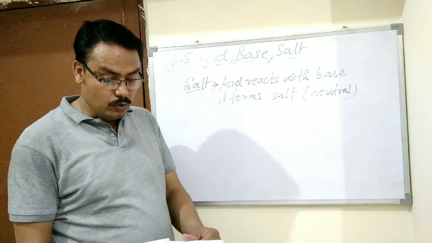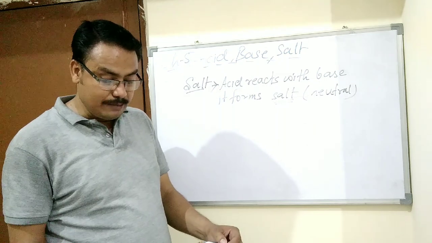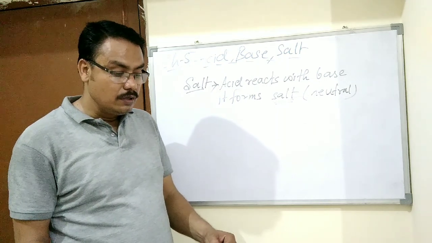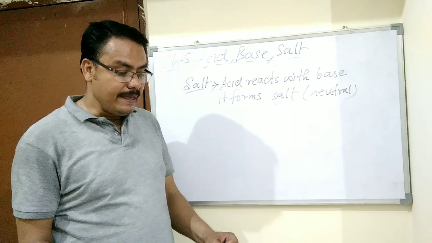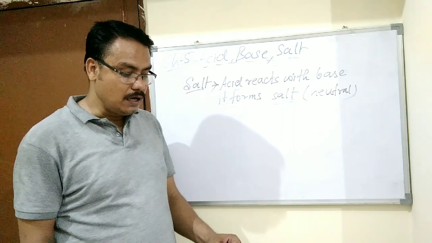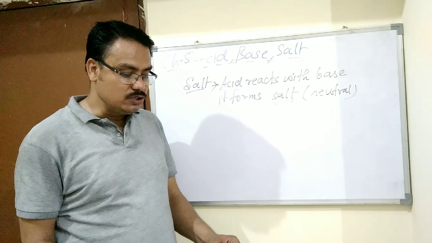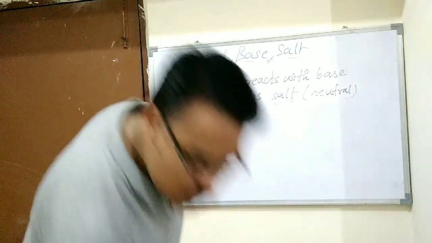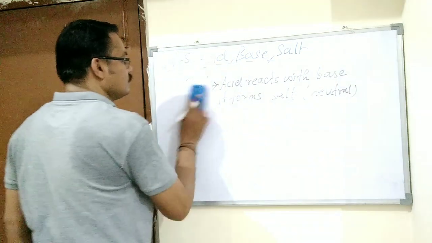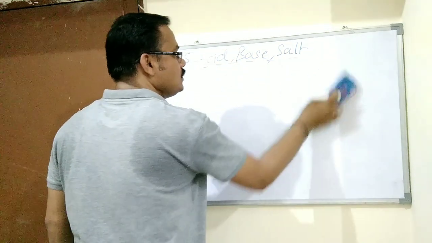And now I am going to proceed further in the chapter with acidic substances, acids on the basis of their sources. The topic is acids on the basis of their sources.